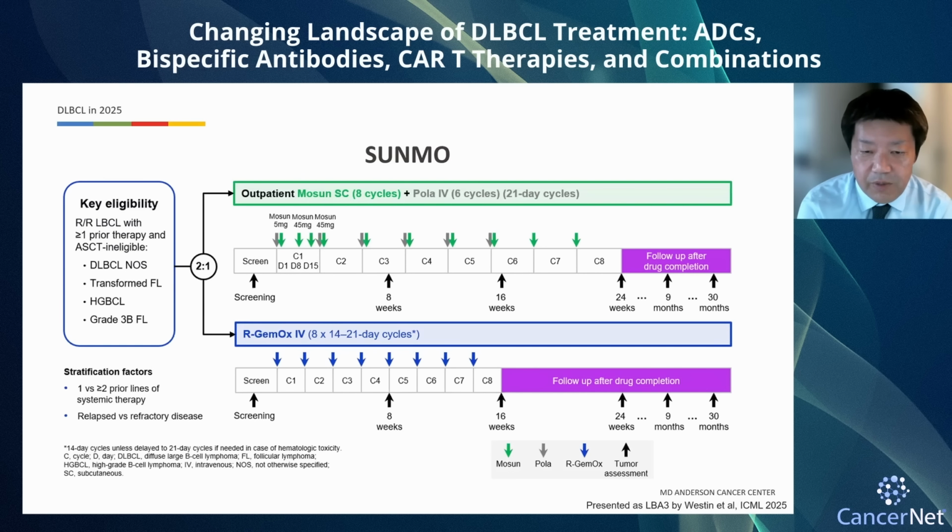In the mosunetuzumab polatuzumab arm, the mosun-pola arm, patients received a combination therapy for 6 cycles, followed by 2 additional cycles of mosunetuzumab monotherapy, for a total of 8 cycles. And for the R-GemOx arm, it's the same as the STARGLO trial. They received 8 cycles of R-GemOx.